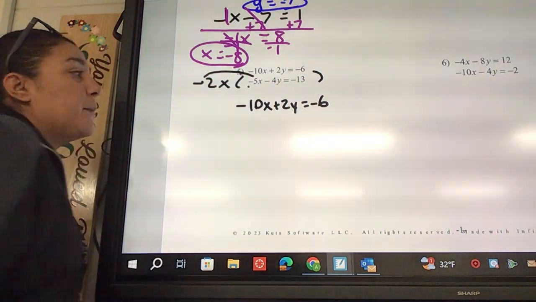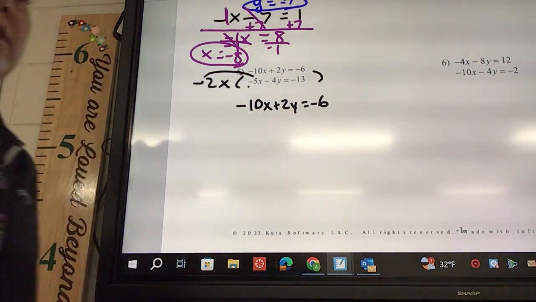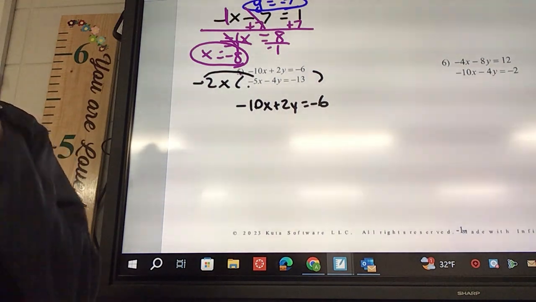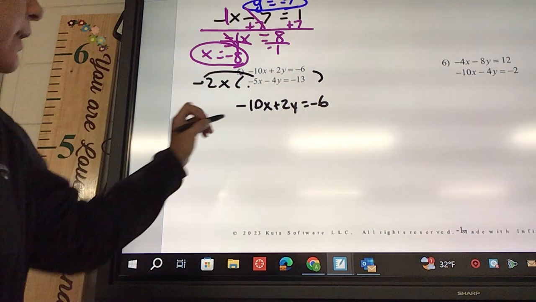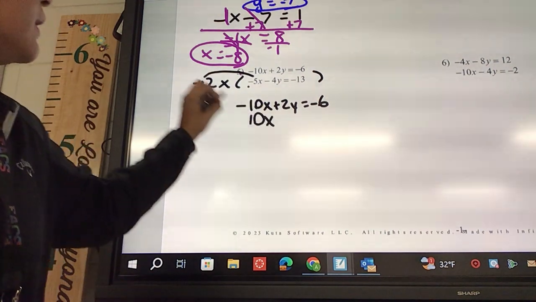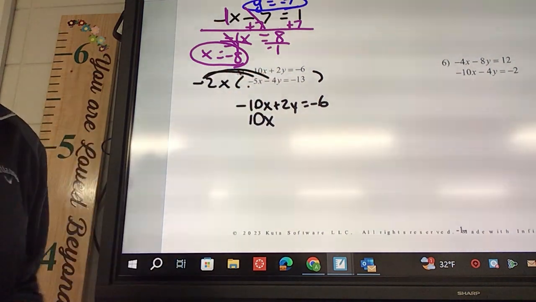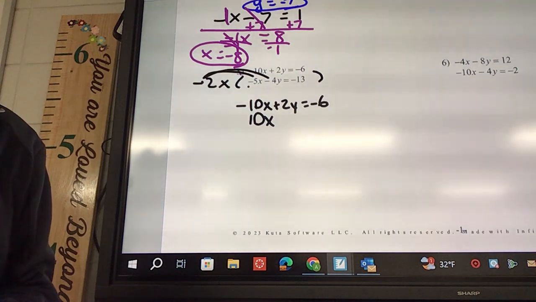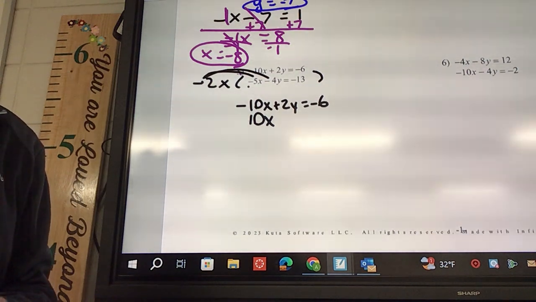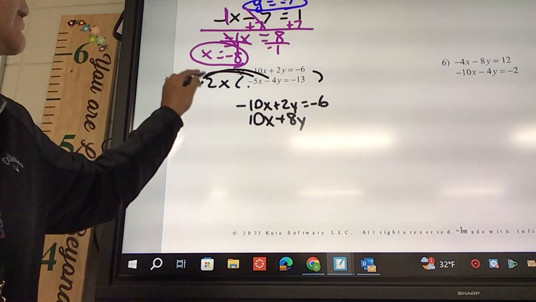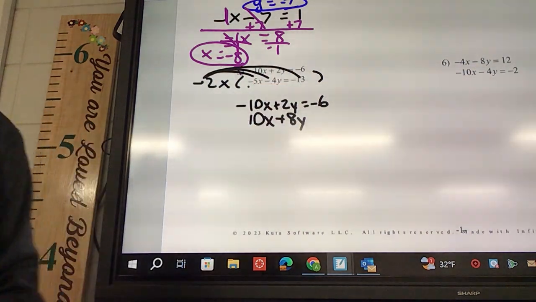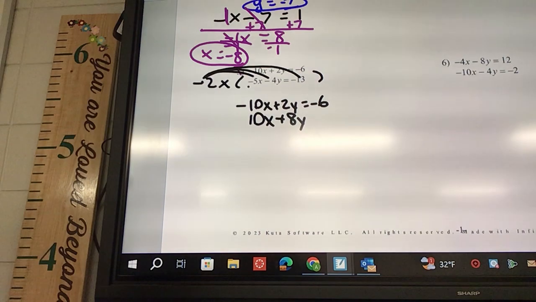So negative 2 times negative 5, we get 10x. Negative 2 times negative 4, 8, so plus 8y. And then negative 2 times negative 13, negative 26.